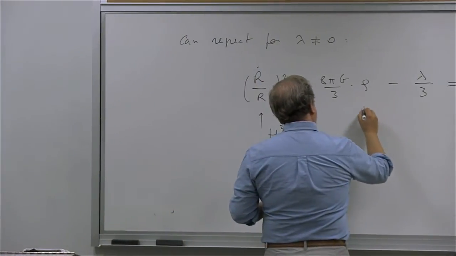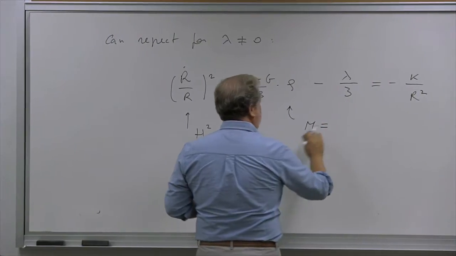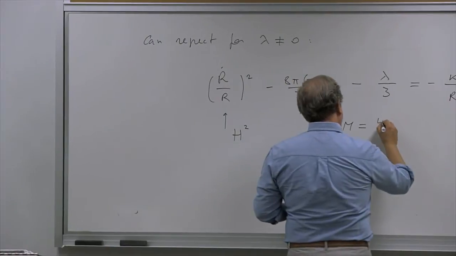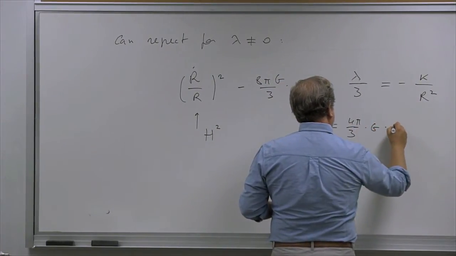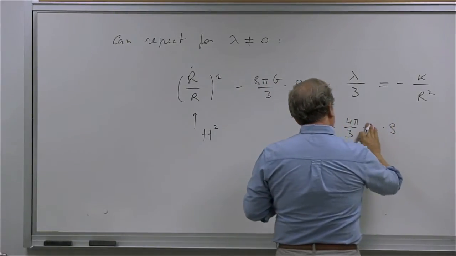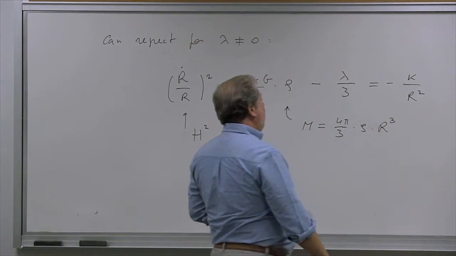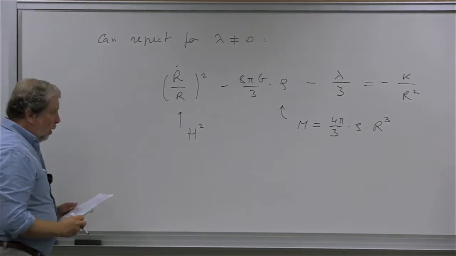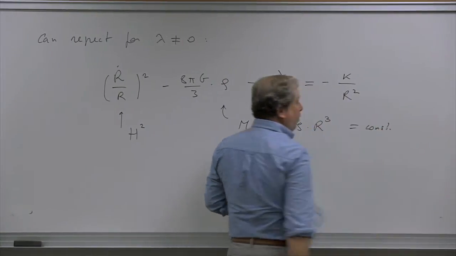And in here, if we have non-relativistic matter, we can write that the rho is related to the total mass by m is equal to 4/3 pi times rho times r cubed. Sorry, not g, rho times r cubed. So we can substitute for rho what we get from this expression. So this is, of course, constant. This is energy conservation.